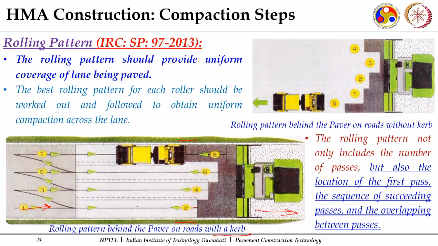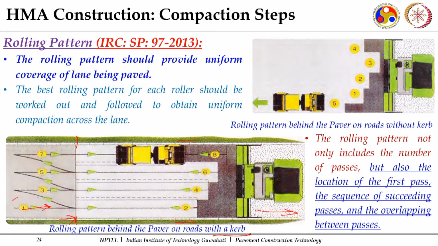Your roller goes in this direction, reaches the mat, then comes back and goes on the compacted part. This is the already compacted layer, and from here to here is your fresh layer which is getting constructed. From this place, the fresh construction is starting. So, it goes back on the compacted part and then comes over again, with a small amount of overlap.